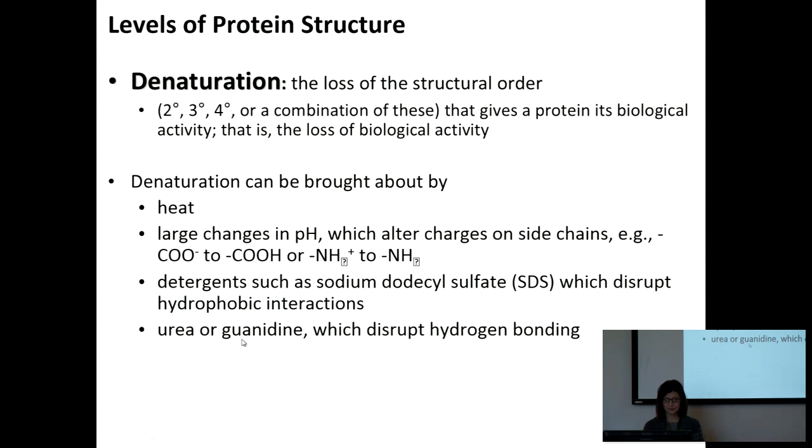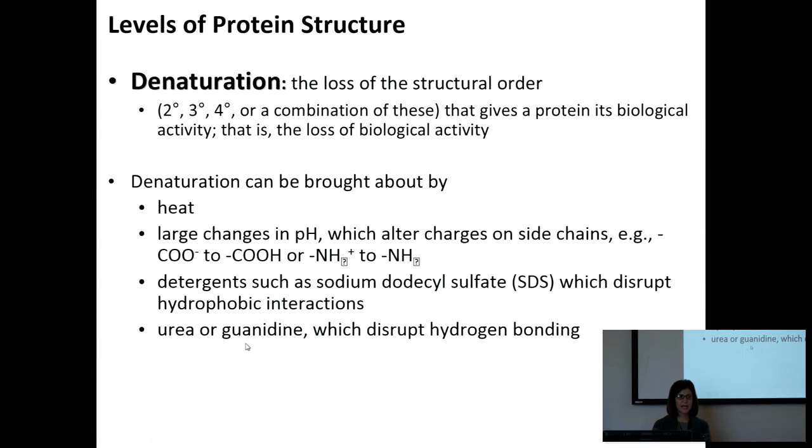Urea or guanidine is really a neat thing. Urea, guanidine, we call them chaotropic agents, C-H-A-O-tropic. I like to think of it as chaos causing. And these chaotropic agents disrupt hydrogen bonding. These molecules can do a lot of hydrogen bonding.